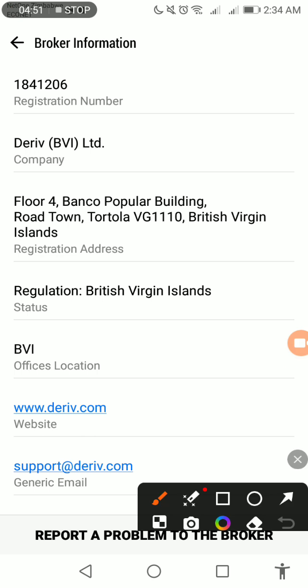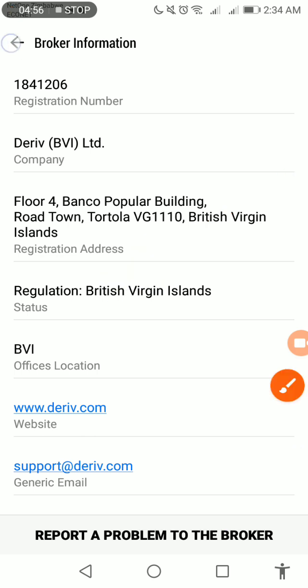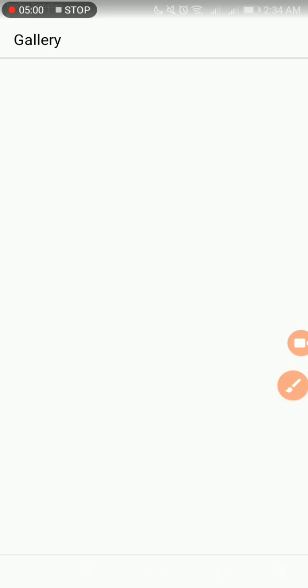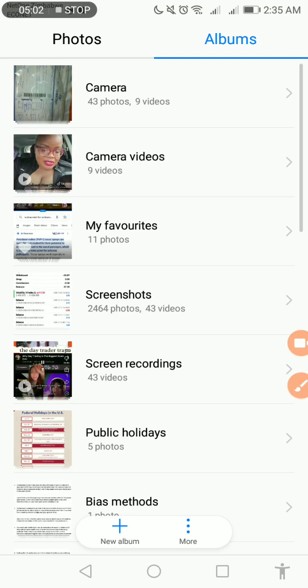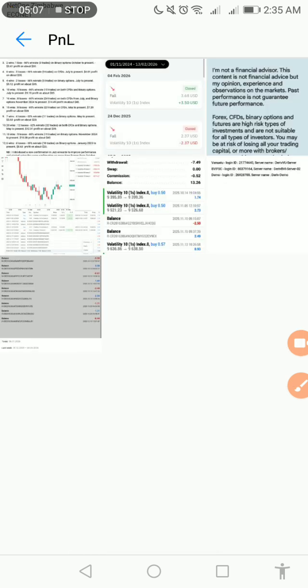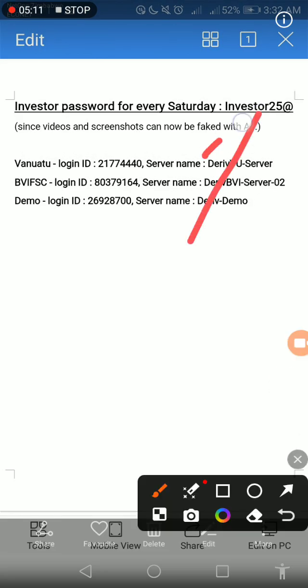And you can see obviously the regulation on the accounts whenever you will be logging them in. So the investor passwords which you will use are just the same passwords I've always given you. Investor 25 8.